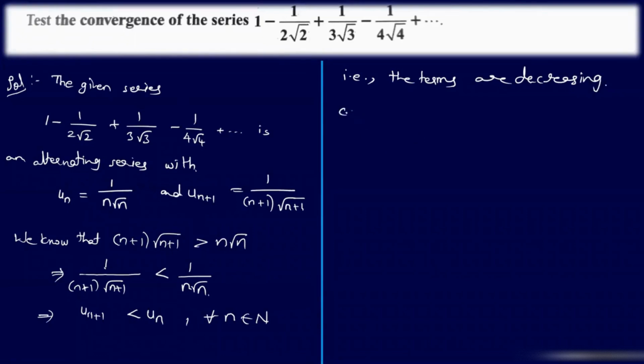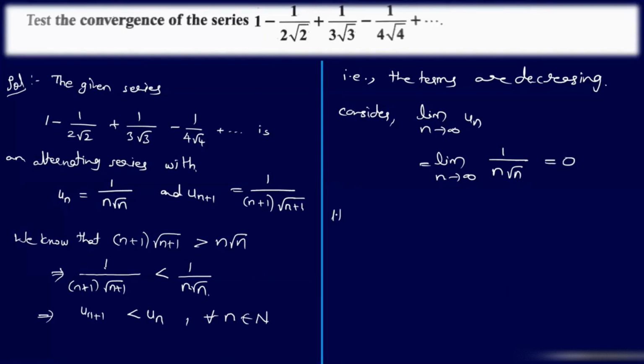Now let's consider the limit as n tends to infinity of un, which equals the limit of 1 by n root n. It's absolutely clear: when n approaches infinity, the denominator approaches infinity, and 1 by infinity approaches absolutely 0. There is no question about that.